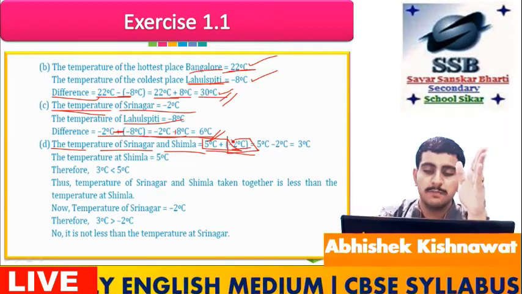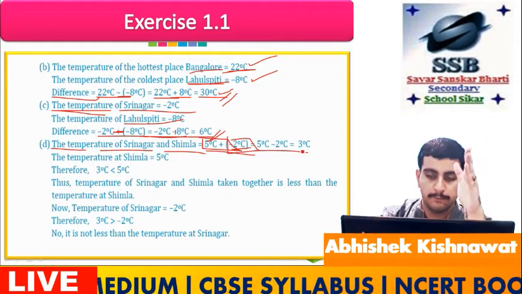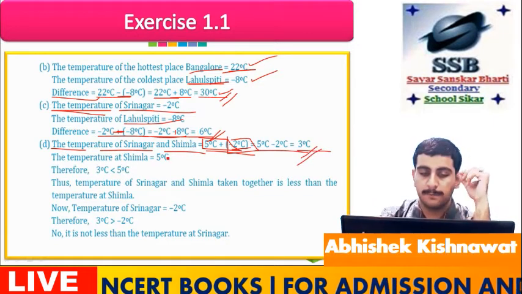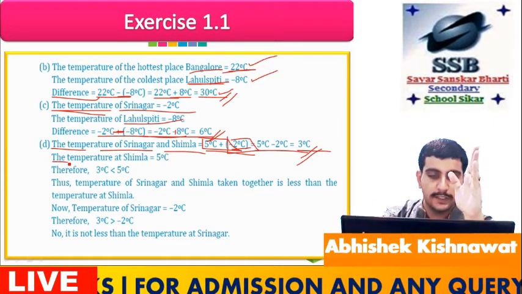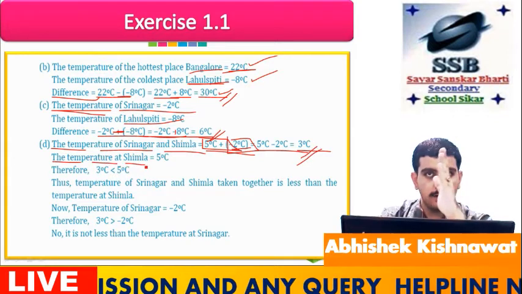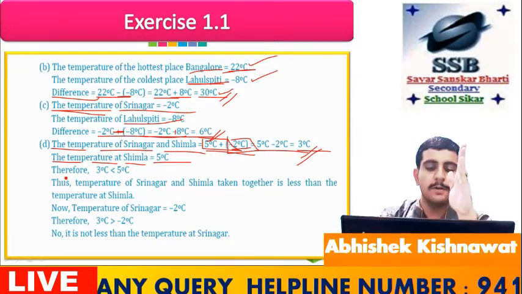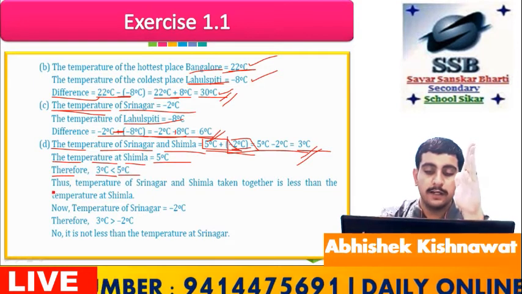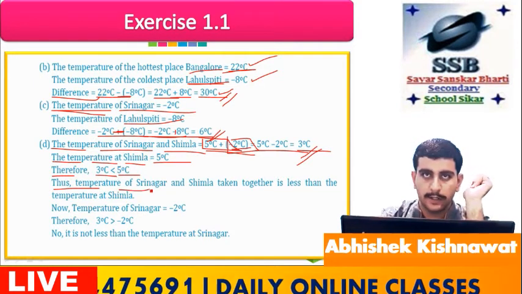Srinagar is minus 2 and Shimla is 5 degrees. We add them, we get 3 degrees Celsius. The temperature at Shimla equals 5 degrees Celsius. Therefore 3 degrees Celsius is less than 5 degrees Celsius. Thus, the temperature of Srinagar and Shimla taken together is less than the temperature at Shimla. I think you all get it.